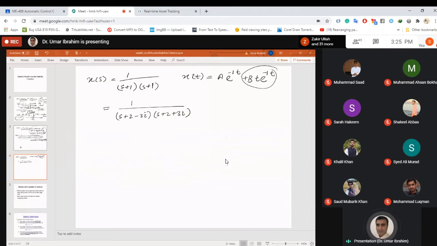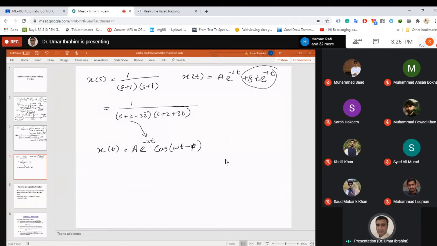For this case, x of t will be equal to a e raised to the power minus 2t, that is because of this, 2t cos omega t minus phi. Okay, and so this is the response of the system.